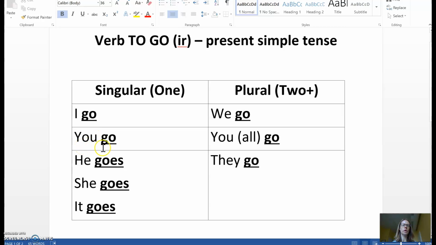Next, you go. You go to school. You say it in a sentence. Next, he goes, she goes, it goes.